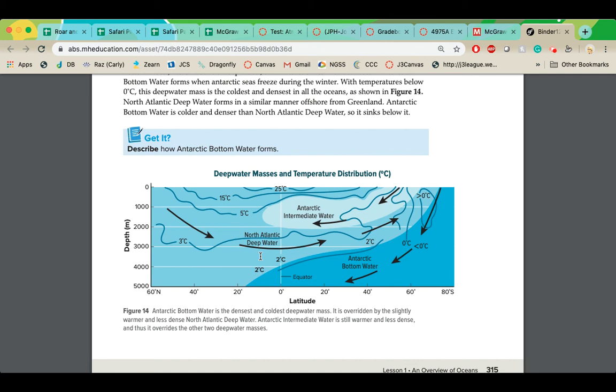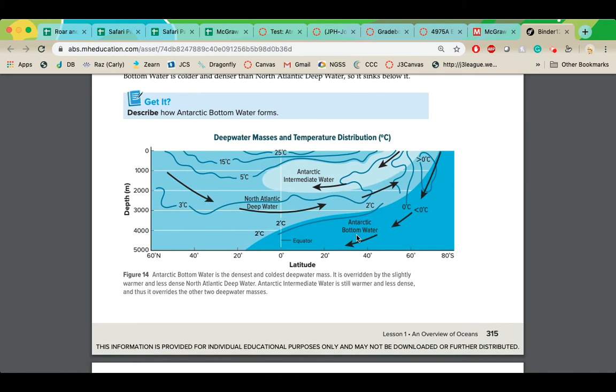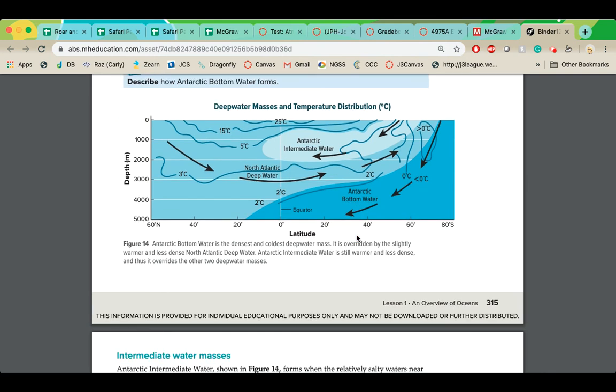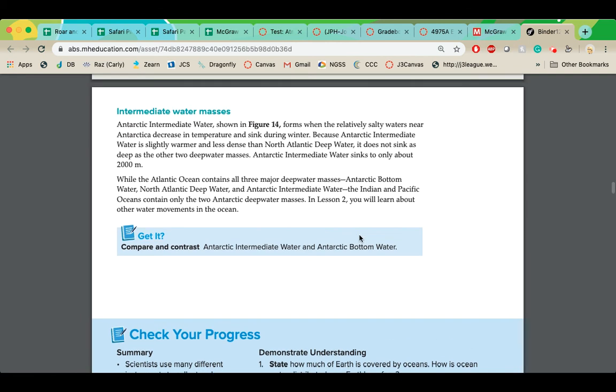It comes up in our area, and although it's very cold, it makes our oceans very nutrient rich. So we have a very lively ocean on our coasts. But we do have colder water than other places, because that water that you can feel upwelling from the bottom has been traveling for hundreds of years from the poles to reach you and freeze you on your summer vacation to the beach. So that's what I wanted to go over in this section. Good luck, and I hope you have fun studying our oceans.